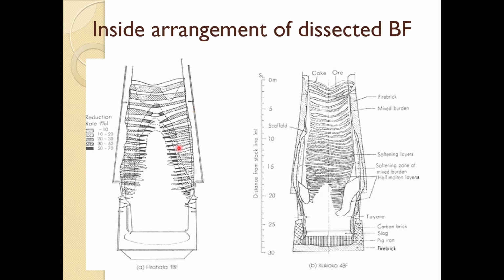Look at closely, as you can see, this is actually the ore, raw material, which could be sinter, pellets, or iron ore, flux, and this region, the white one, is coke.